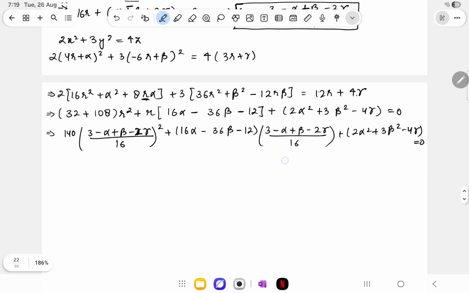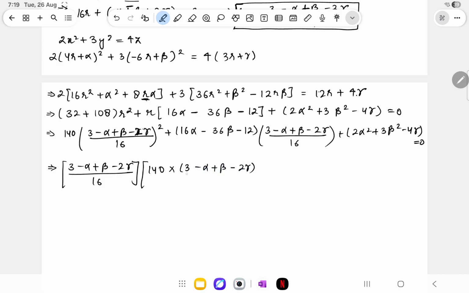So I can take this term out as common. I'll be left with 140 into (3 minus alpha plus beta minus 2 gamma) divided by 16, plus 16 alpha minus 36 beta minus 12, plus 2 alpha square plus 3 beta square minus 4 gamma equals 0.